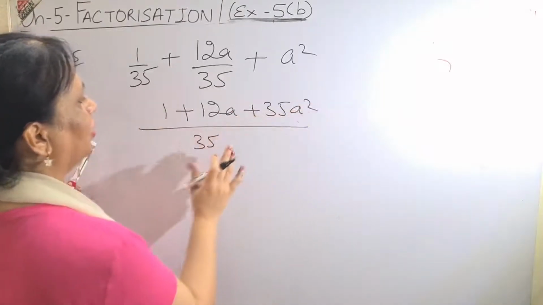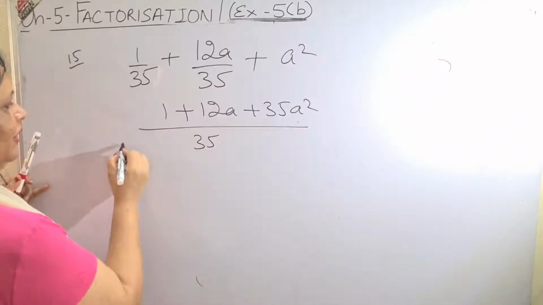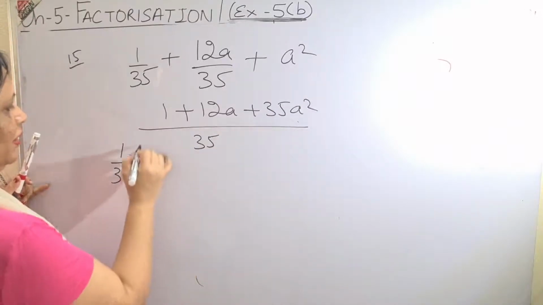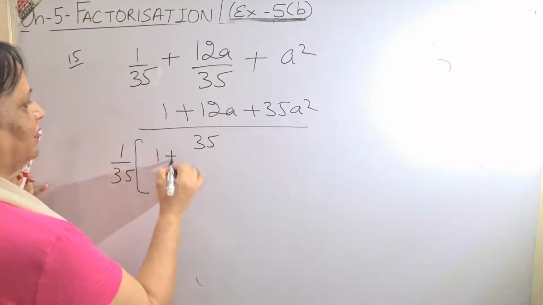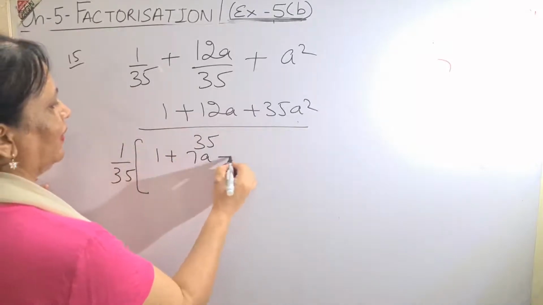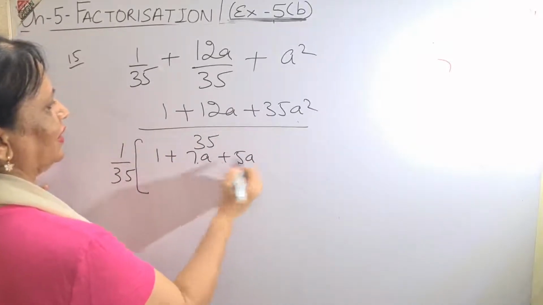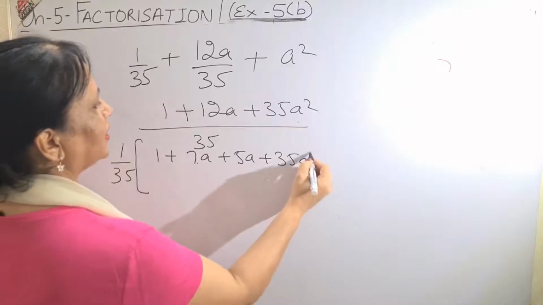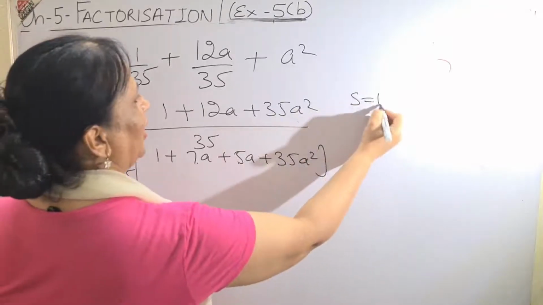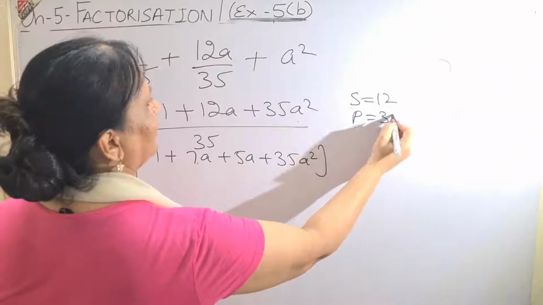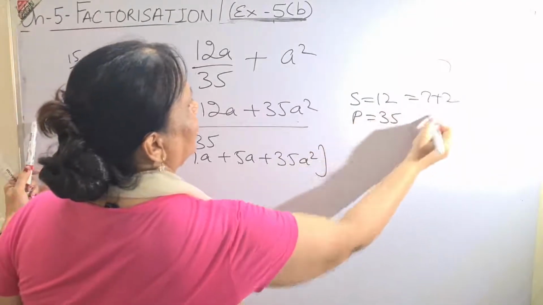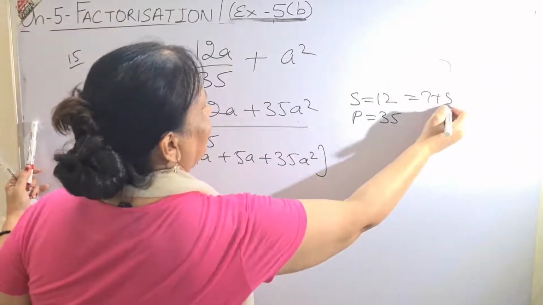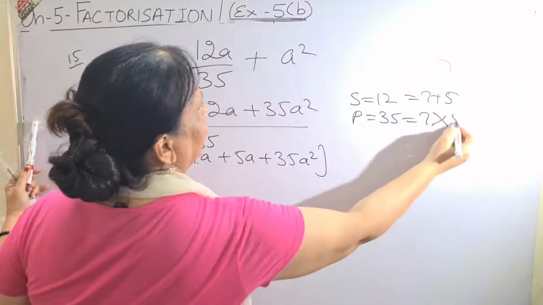the rest you know. Just what you do in this sum, take 1 by 35 common like this. Now the question is very easy. 12a means 7a plus 5a, 7 5s are 35, because your sum has to be 12 and product has to be 35. So 7 plus 5 and 7 into 5.